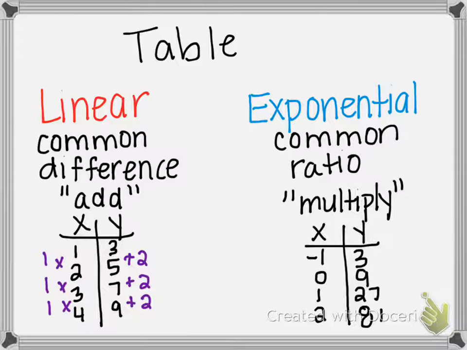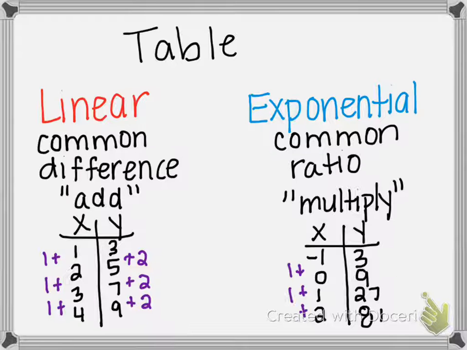All right, and then with exponential, we're going to multiply by the same amount each time. So again, I have over here on this side, and I'm going to make a correction, guys. I put times 1, and that is definitely not right. That should be plus 1 each time. So plus 1 each time as I go through those. So again, with my x values, I'm adding 1 each time.